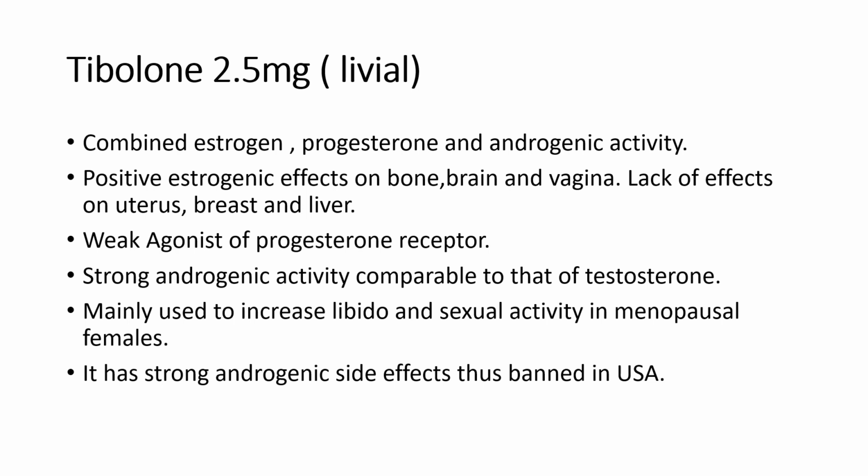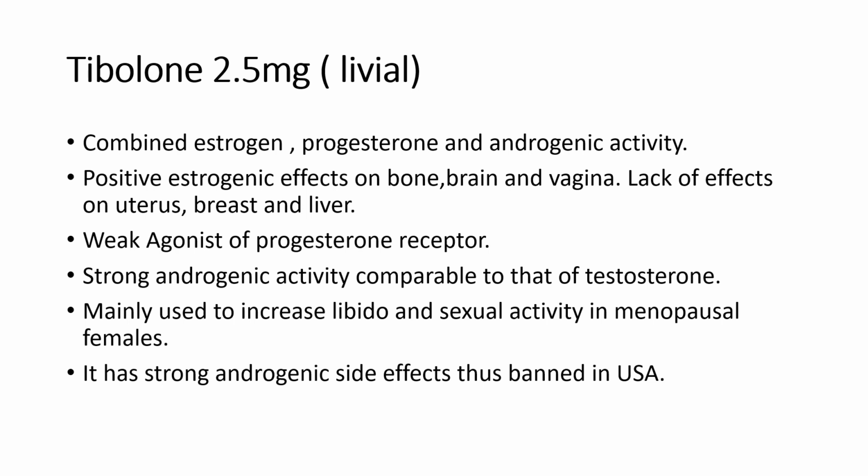Okay, another very important drug, which is also very commonly and widely available all over Pakistan, is Tibolone, which is available in a strength of 2.5 milligram. It is also available with the brand name of Livial, and in some shops as Tibol. It has combined estrogenic, progestogenic, and androgenic activity, but the strongest activity of Tibolone is androgenic.